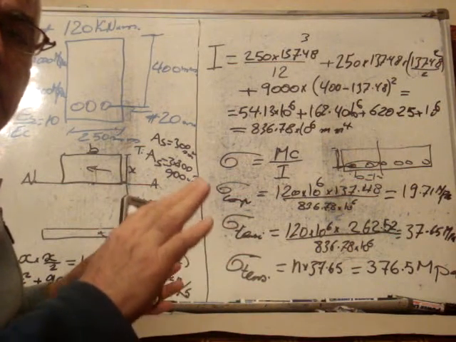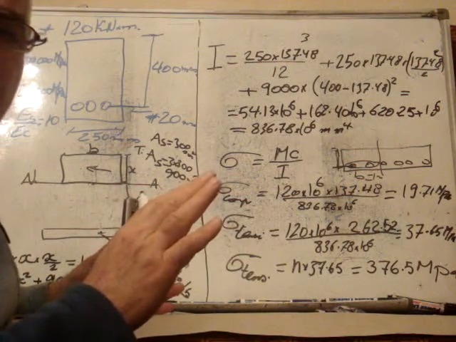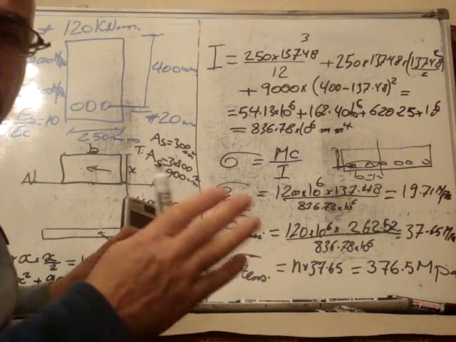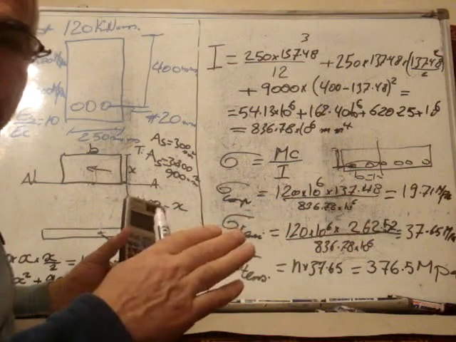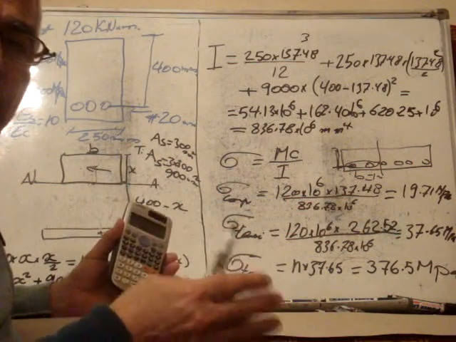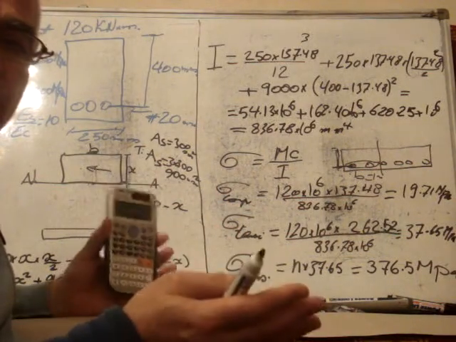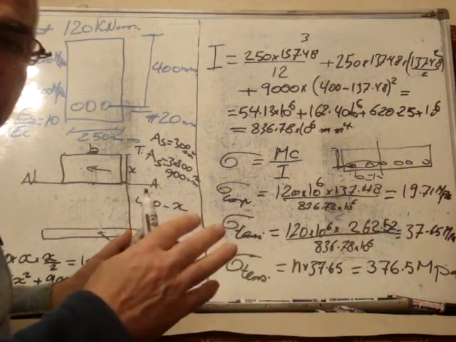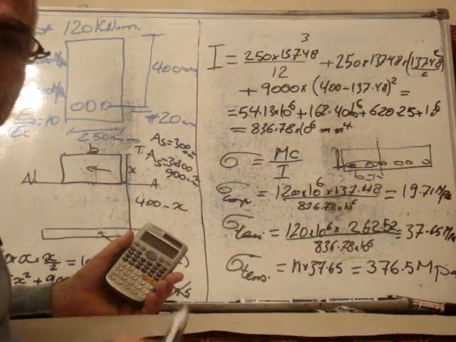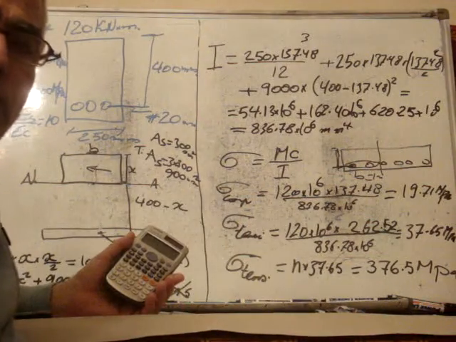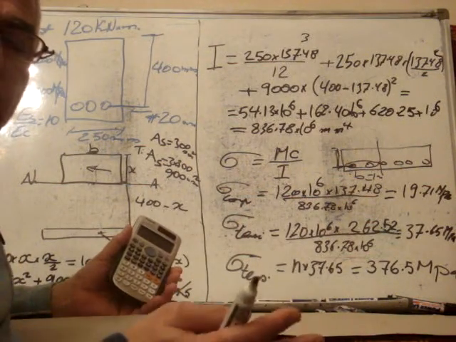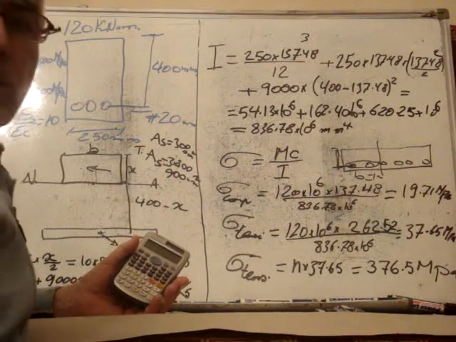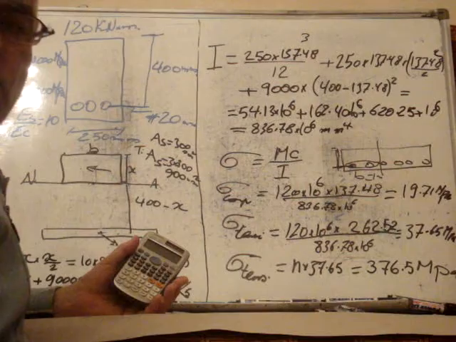And this is the difference between the composite section and the homogeneous section. In a homogeneous section, all the materials are the same. Here, we transform one of the materials to the other one, and we assume it is homogeneous, and we do the calculation based on the ratio of the modulus of elasticity between the two materials.